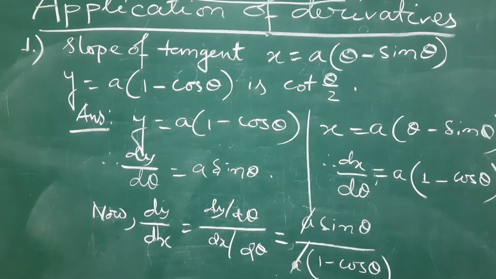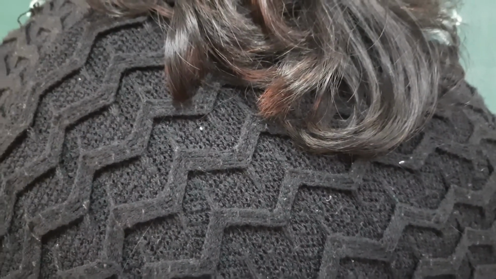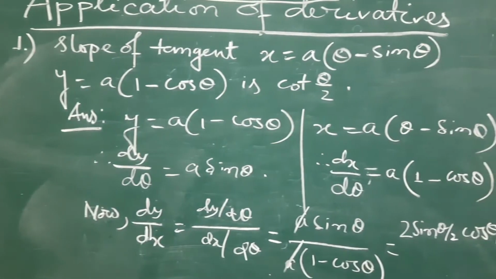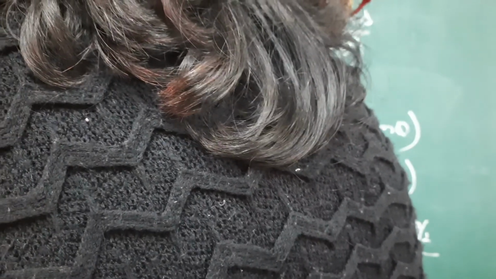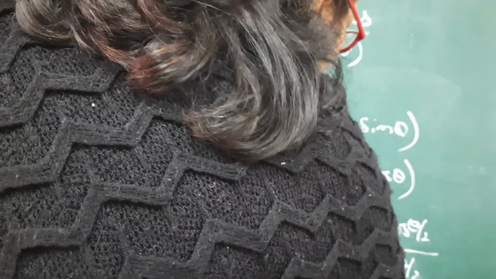Now use the trigonometric formula: this is equal to 2 sin theta by 2 into cos theta by 2, by 2 sin square theta by 2. Is it visible from that side? Yes, now it is visible. So 2 cancelled, sin theta by 2 cancelled with sin theta by 2. It is cot theta by 2.